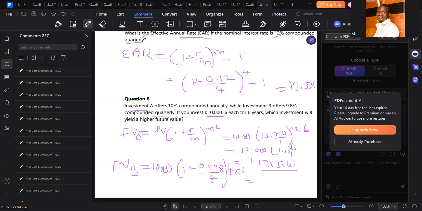When you compute that, we're going to get 17,876.69.